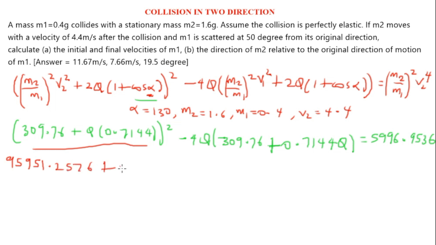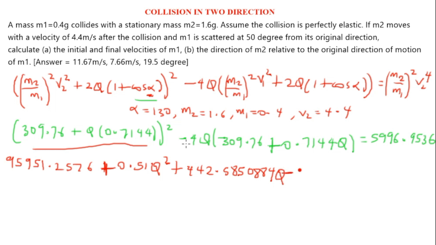95951.2576 plus 0.51 q squared, yeah, plus 442.5850884, then minus this, we now want to multiply minus 4 times this. This should have a q.